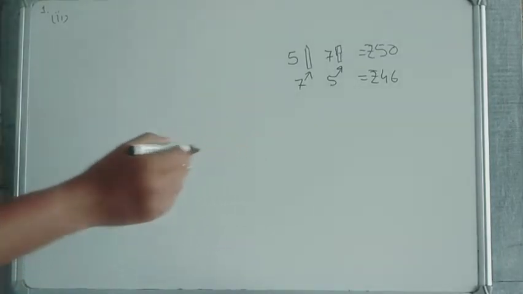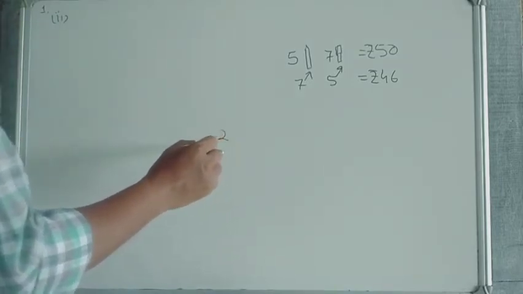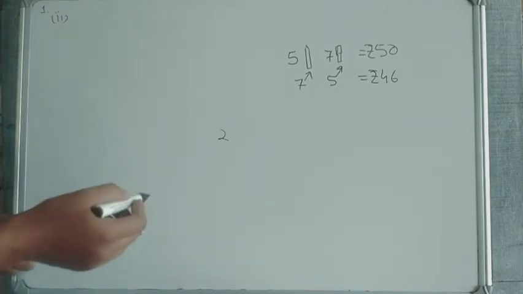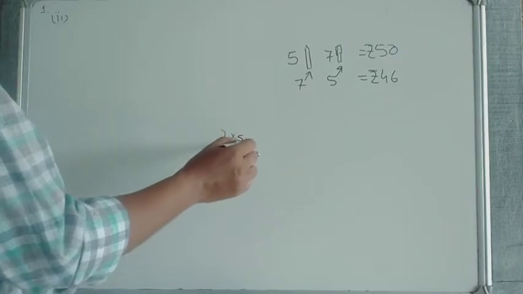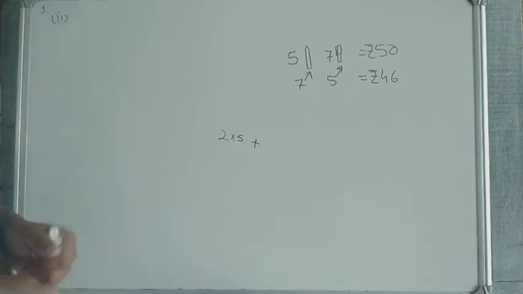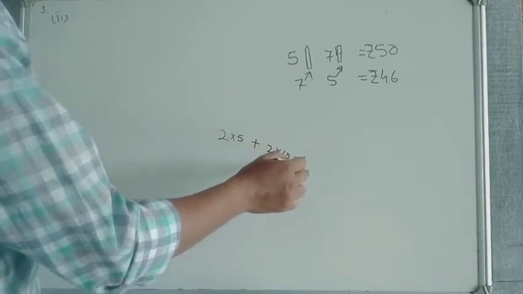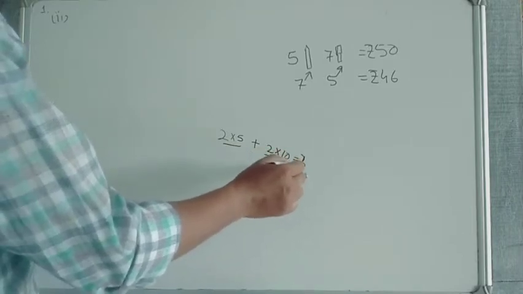Suppose you go to a shop and buy 2 pencils. Suppose pencils are 5 rupees each, and 2 pens at 10 rupees each. How much will it become? 10 and 20, 30 rupees.